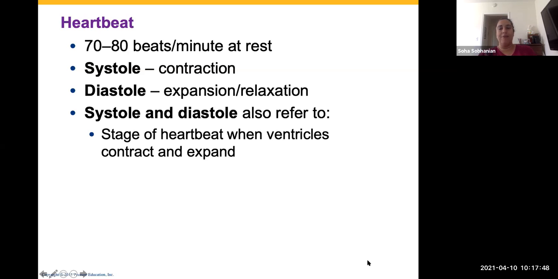FYI guys, if you have what we call hypertension, which is high blood pressure, that typically means your systolic at rest is above 140 millimeters of mercury, and your diastolic at rest is above 90 millimeters of mercury.